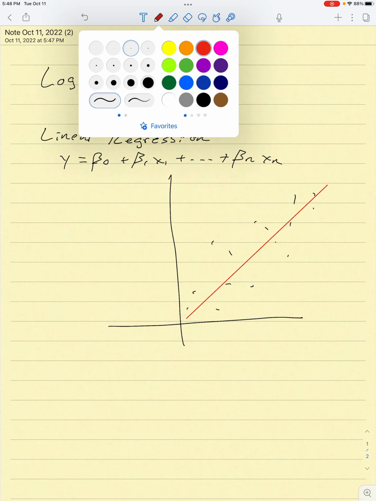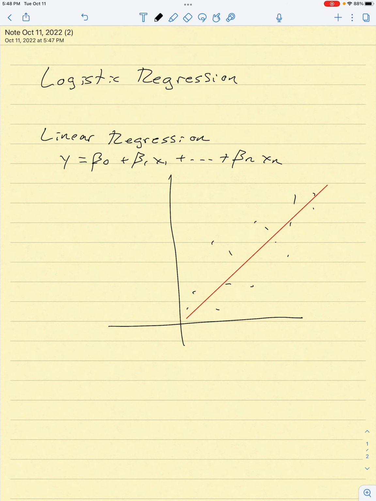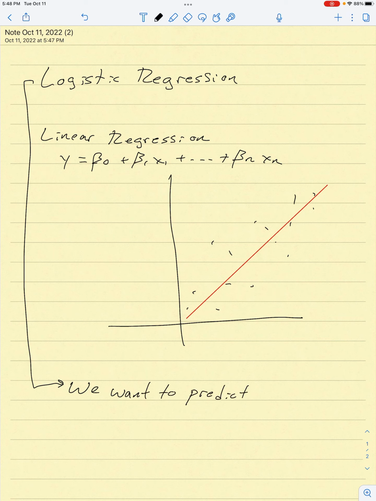So the idea with logistic regression is what we want to do is we want to predict a binary response variable.